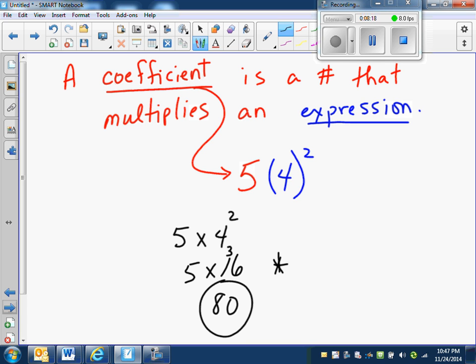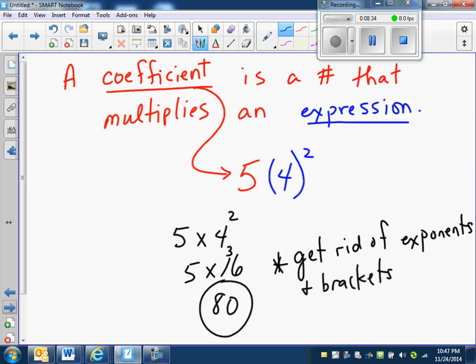So with the order of operations, you get rid of exponents and brackets before multiplying, dividing, or adding, subtracting.